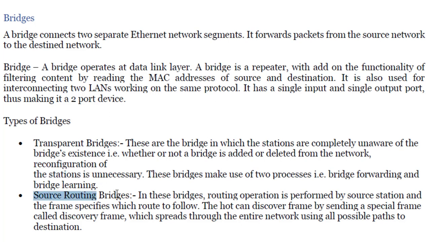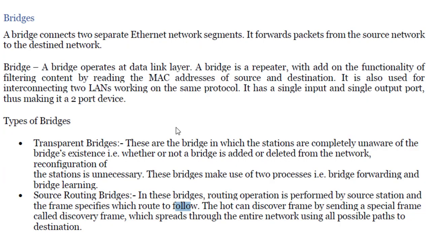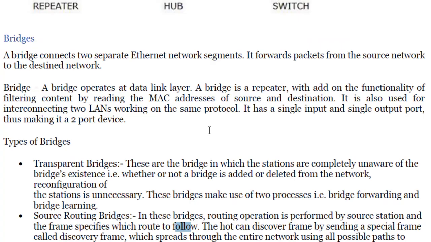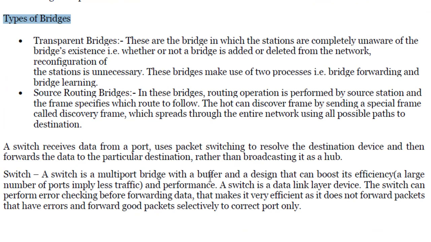While in the source routing bridge, the routing operation is performed by the source station and the frame specifies which route to follow. By the way, you might be wondering what a bridge really looks like. An example of a bridge is the switch.